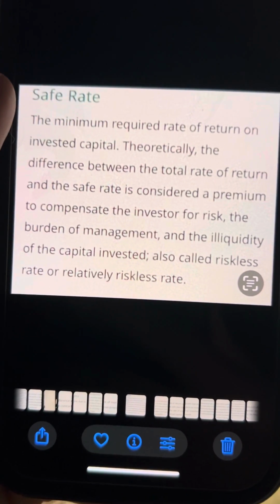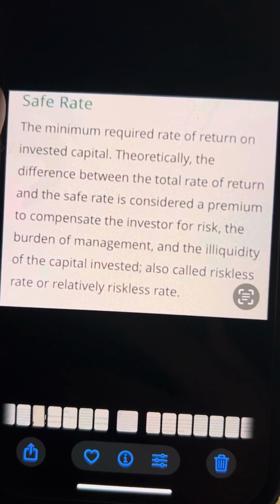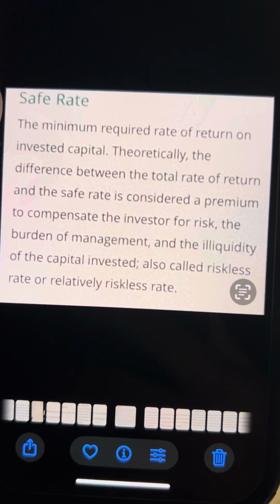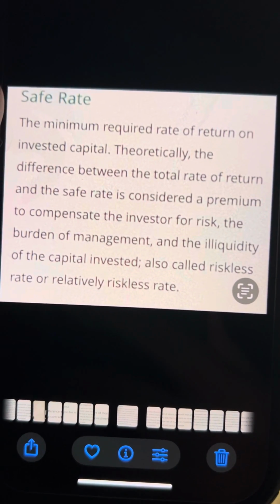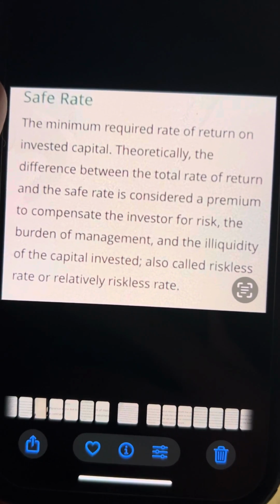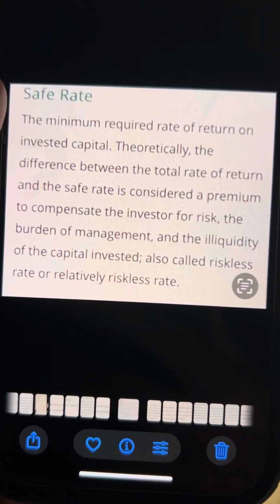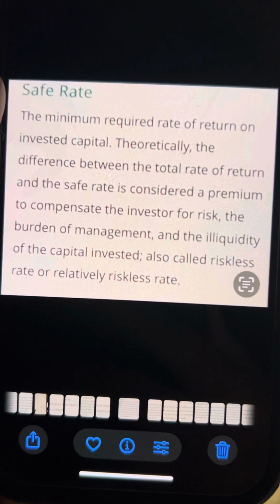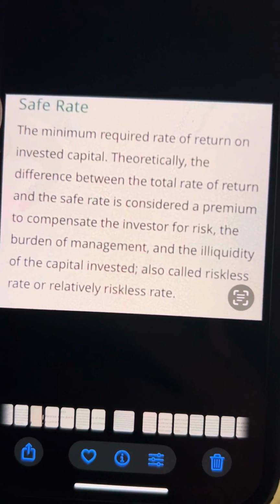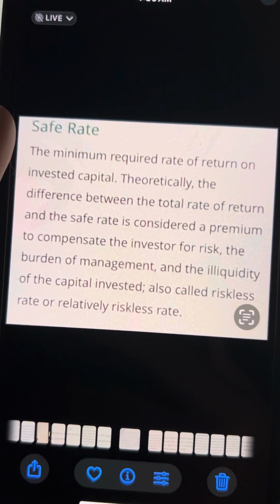Theoretically, the difference between the total rate of return and the safe rate is considered a premium to compensate the investor for risk, the burden of management, and the illiquidity of the capital invested, also called riskless rate or relatively riskless rate. The answer is safe rate.